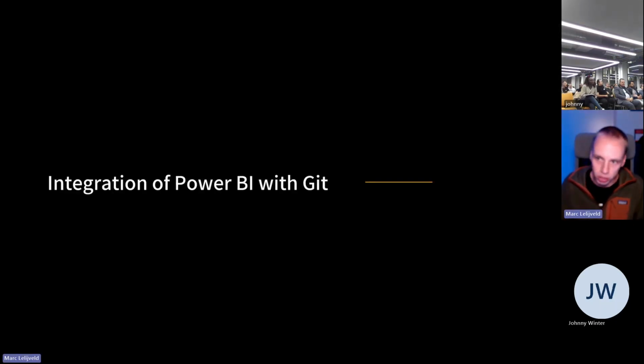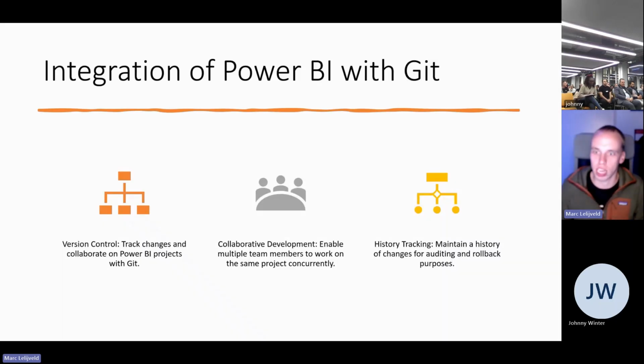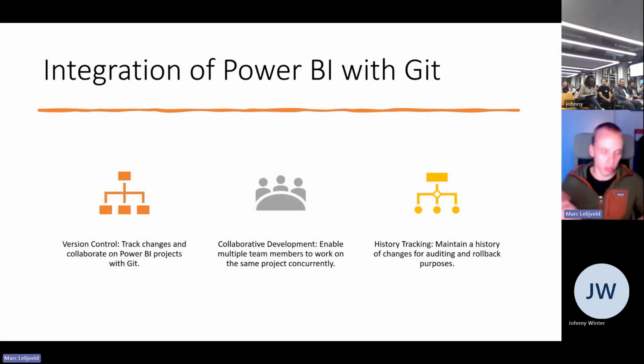So let's talk a bit about the integration of Power BI with Git. And Git is, in this case, just a very common term for everything we already have been doing over the years with versioning for software development. So Git is basically helping us to do version control, to track the changes and collaborate on Power BI projects in Git.